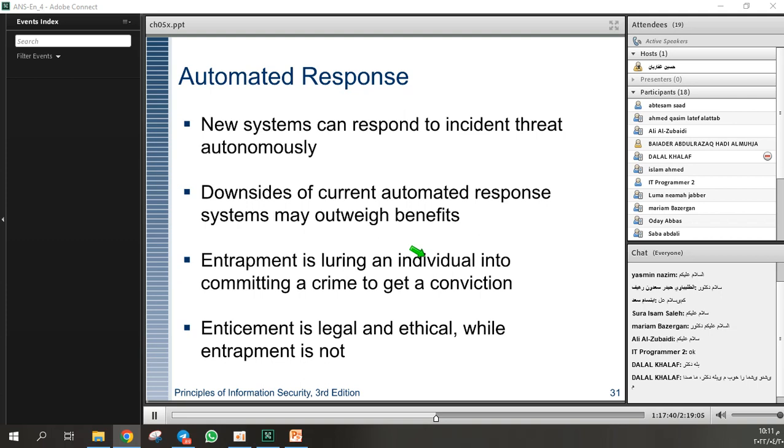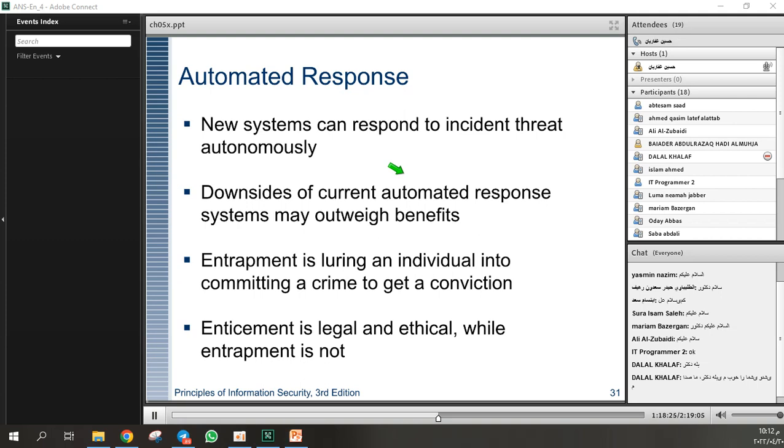These days, we can use some autonomous systems to react automatically against those incidents. They have lots of benefits for us, and most of the time nobody needs to work with them. They are acting separately.